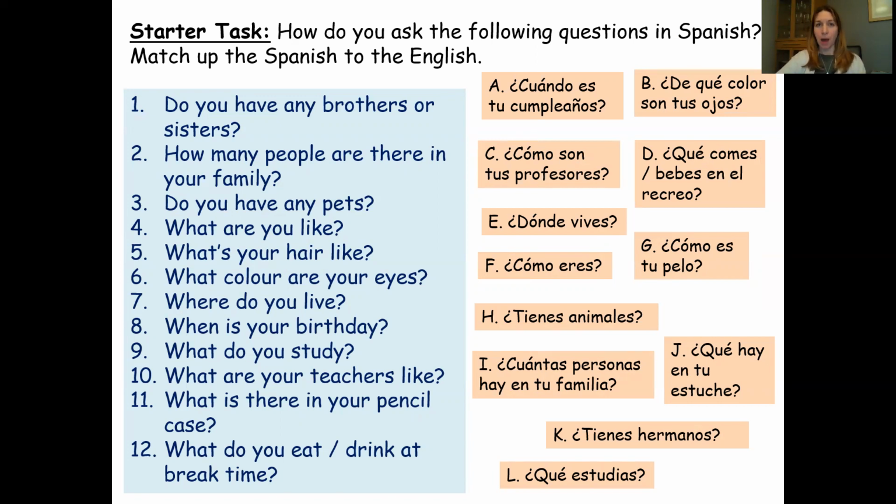I'd like you to match them up. Please do write them in English and in Spanish in your books. I know that will take you a little while, but it will be really good revision to do that, and you will need that at a later stage in the lesson. So please pause this video for a good 6 to 7 minutes, I imagine, to complete that task.